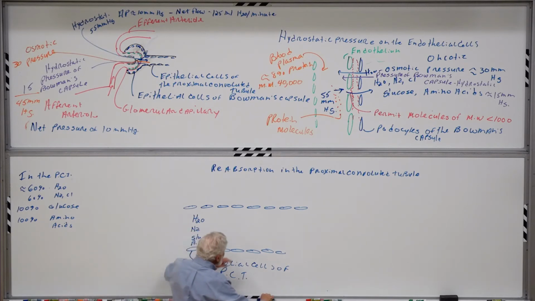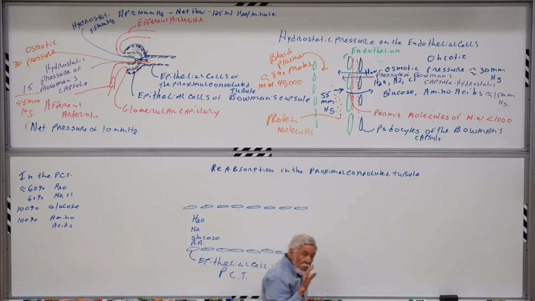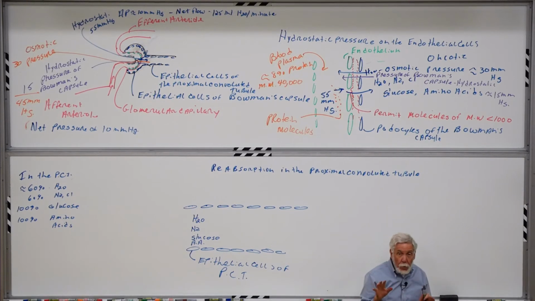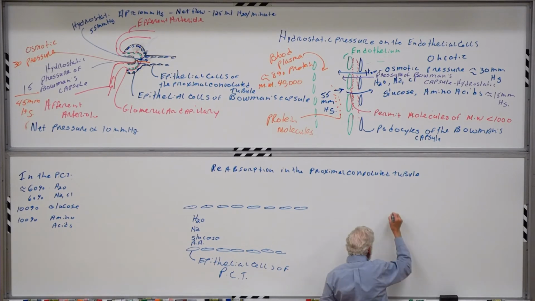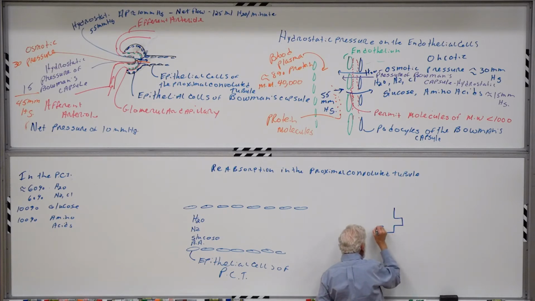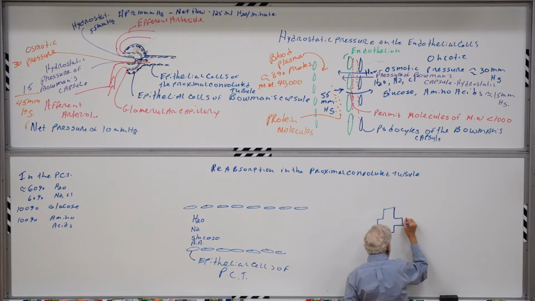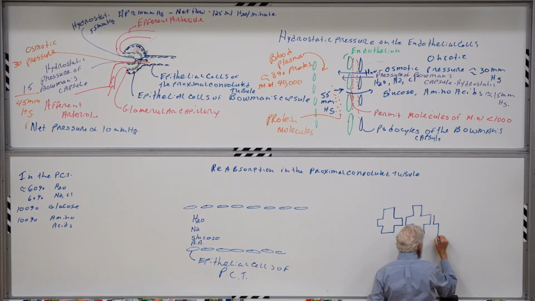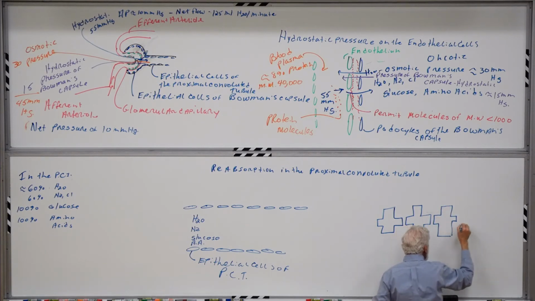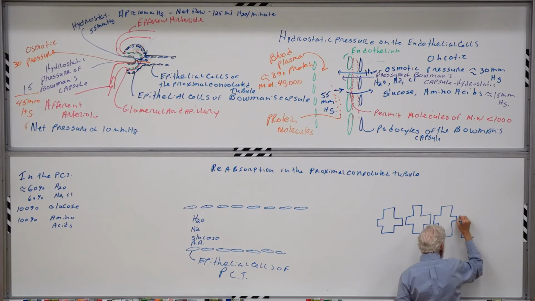Now over here, I want to take a subset, a smaller set of these epithelial cells and blow them up even farther so we can look at what's going on in the neighborhood of these individual epithelial cells. I'm going to draw them as these sort of cross-like structures. And I'm doing this so that I can bring the lateral sides of these epithelial cells close together.